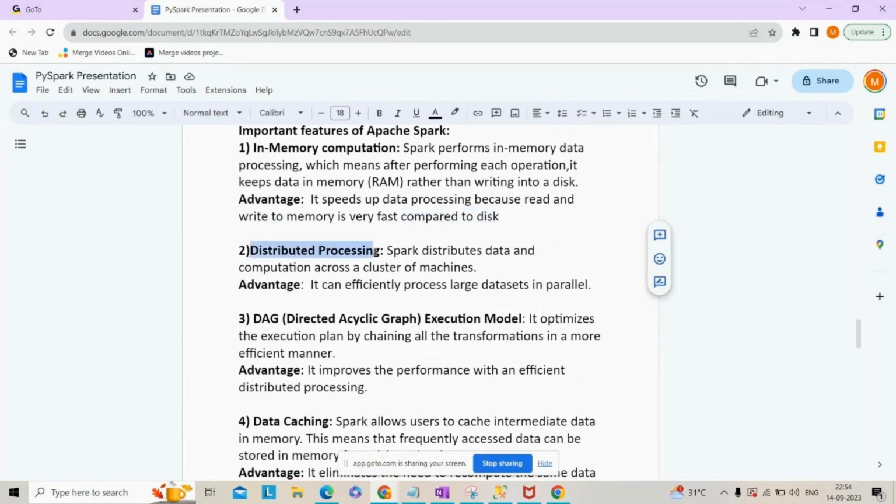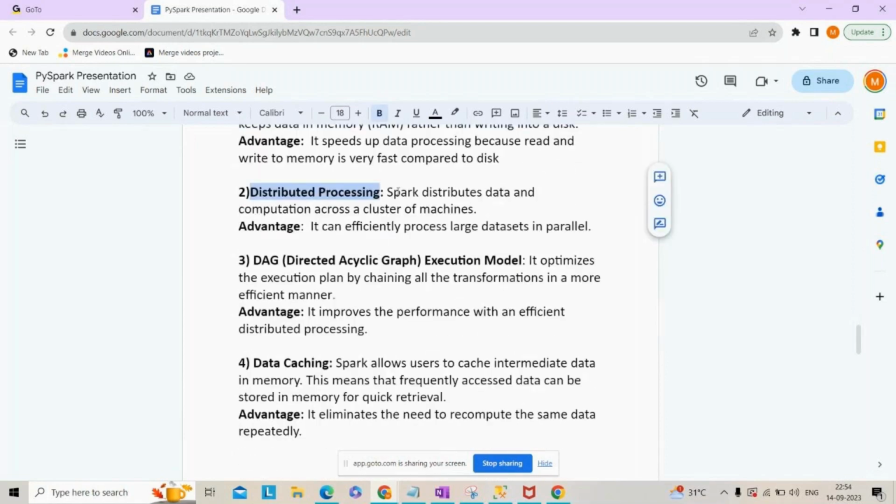Distributed processing. Spark distributes the data and computation across a cluster of machines. What it means? When you create an RDD or data frame, the data gets divided into partitions.